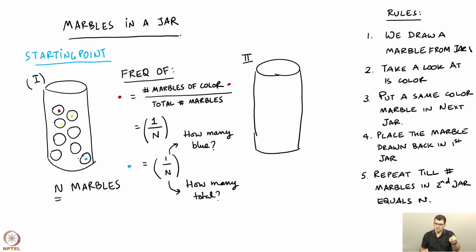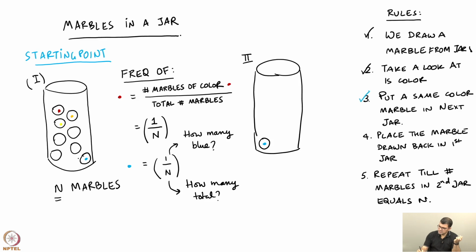So, this drawing is done. Second, we take a look at its color and let us say this is a blue marble. That is also done. Third, put a same colored marble in the next jar. Since we drew a blue marble, we will place a blue marble in the second jar. That is the third one also done.